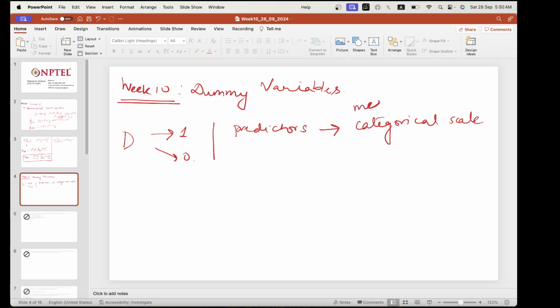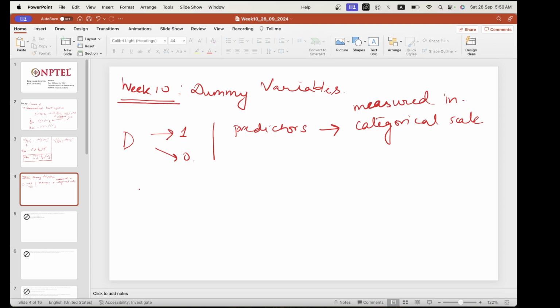That is the use case where we go ahead to use dummy variables in our regression model and then carry out our analysis.